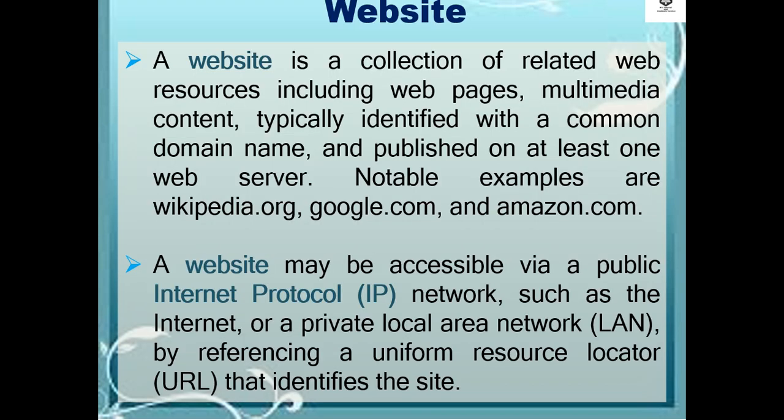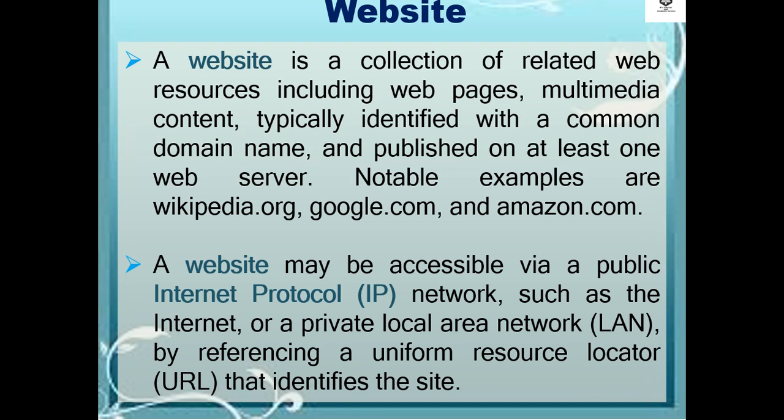Website. A website is a collection of related web resources including web pages and multimedia content, typically identified with a common domain name, and published on at least one web server. Notable examples are Wikipedia.org, Google.com, and Amazon.com.